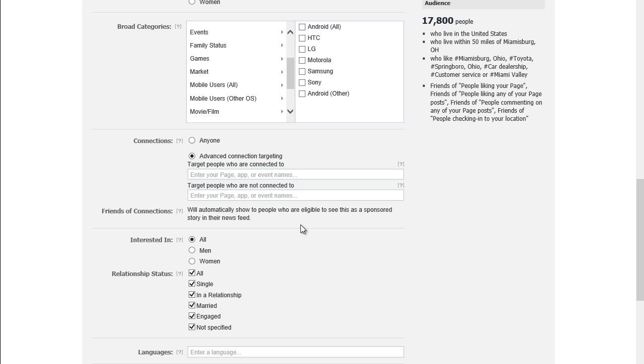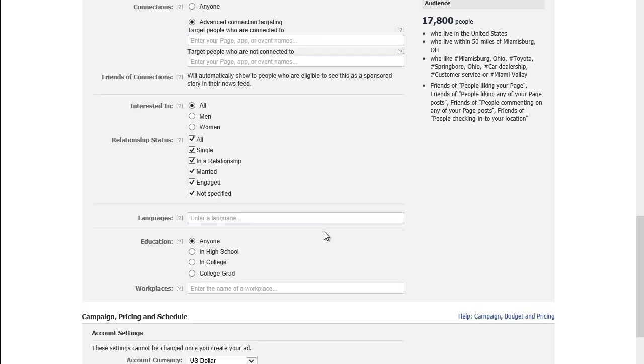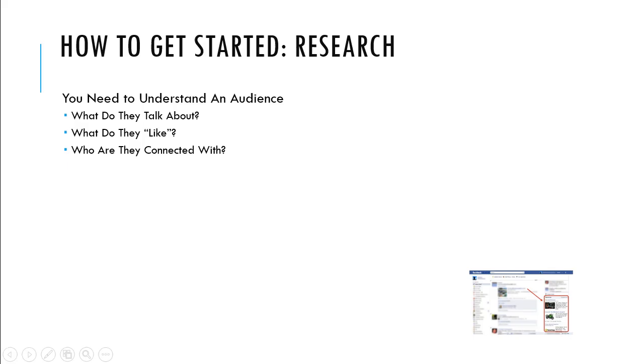You're going to write a specific ad to specific people, and you're going to find that Facebook's algorithm will work with you when that happens. This is why you want to understand your audience, because of all these targeting options. If you know them and put them in here, it's going to give you a better ad. Again, we're going to get into this deeper in another video, but I did want to show you this from the very beginning.